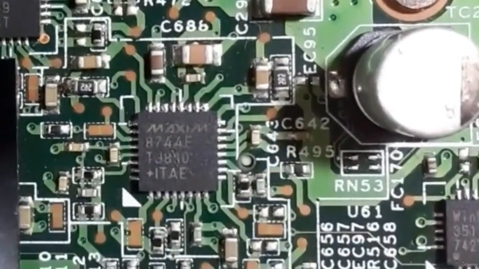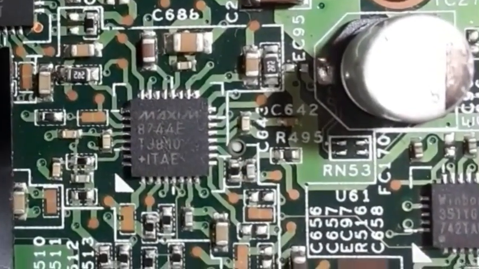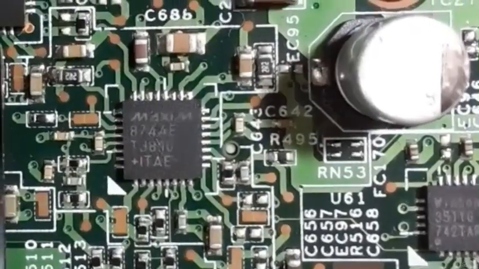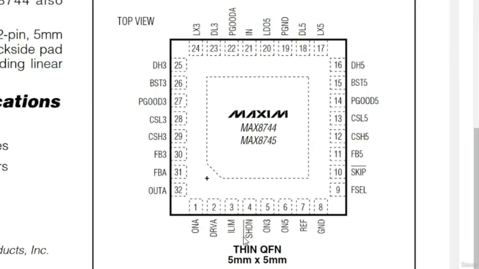So 32, the same as the IC in the circuit diagram. Okay? So as you see, here we will see just the important signals on this IC that can make the IC stop working.